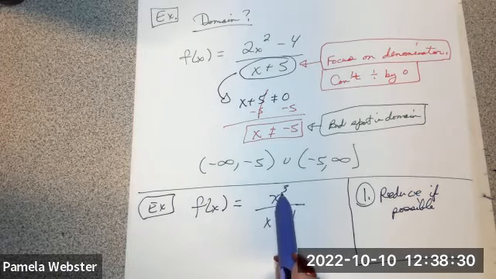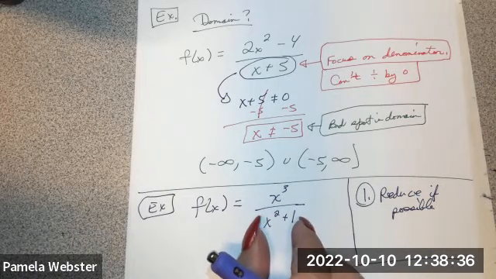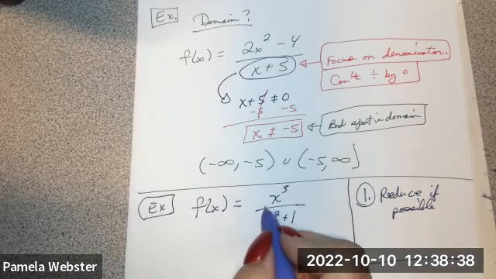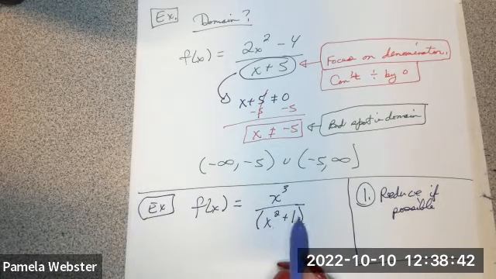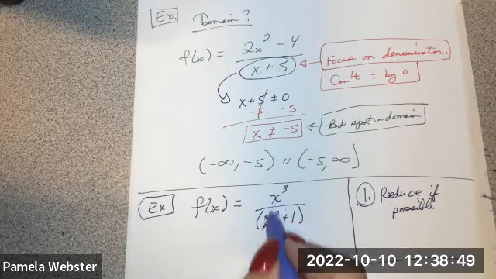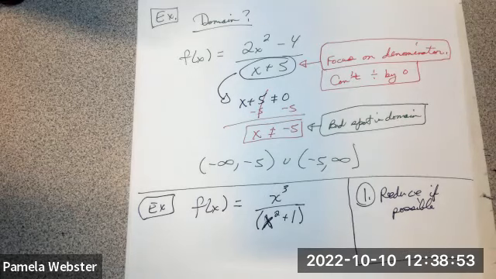Well, there's an x cubed up here on the top, but it won't reduce, right? Because remember that this denominator is one whole thing. You've got to treat it as if it was in parentheses. These are added together and you can't separate them. If you wanted to divide, you'd have to divide both of them. So you can't just say, hey, I'm going to split this out. It doesn't work that way.